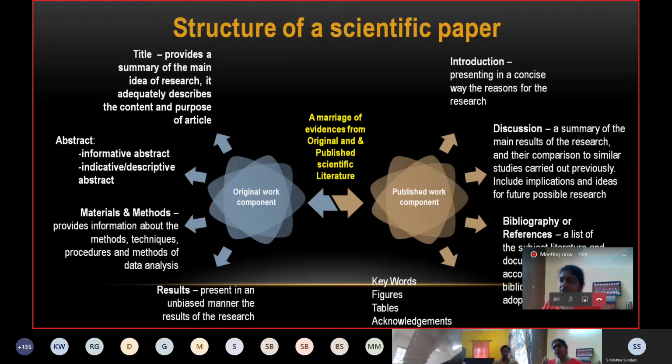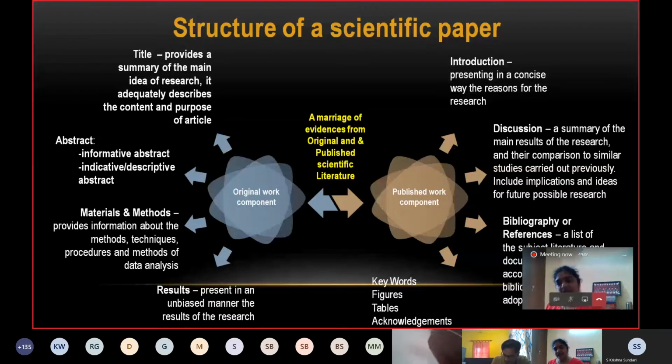Then abstract. In many journals it's called abstract. In some journals they call it a summary. So whatever it is, abstract is what it is. These days the journals are asking for two types of abstracts. One is an informative abstract and the other is an indicative abstract.